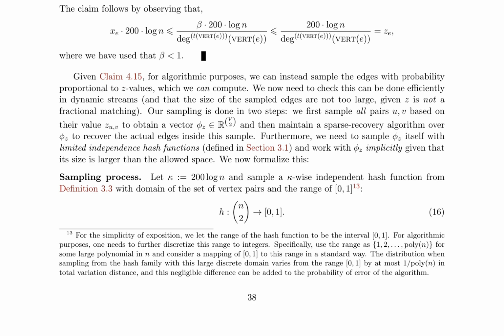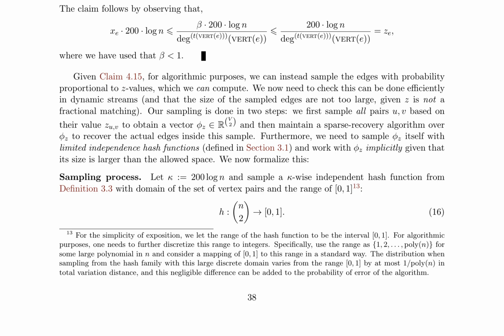The authors then show the relevance of z values in claim 4.15, which states that for every edge e in E, p_e is less than or equal to z_e, where p_e in [0,1] is from Eq. 14. This claim is proven by arguing that z_e is less than or equal to β · deg_{t(vert(e))}(vert(e)), where z is updated in at most one iteration of the loop in line 2c of algorithm 1.